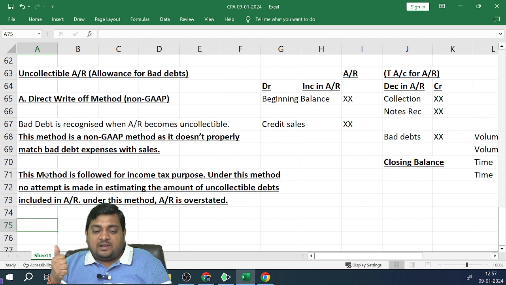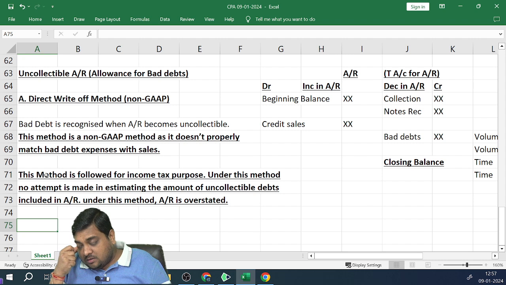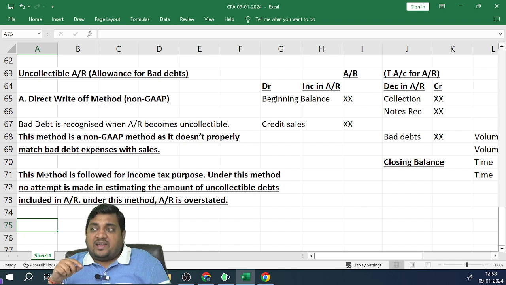Income tax department always considers the write off method. Income tax department does not follow the allowance method, right? So whenever the amount actually becomes bad, that is being considered by the income tax department, right? So direct write off method, it's a non-GAAP method first of all, right? It ignores matching principle, whereas like other expenses, bad debt expense should also be matched with the revenue for the year, right?